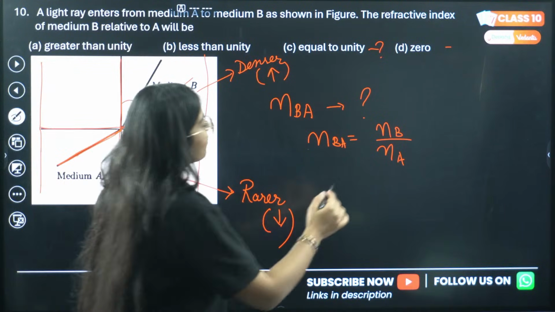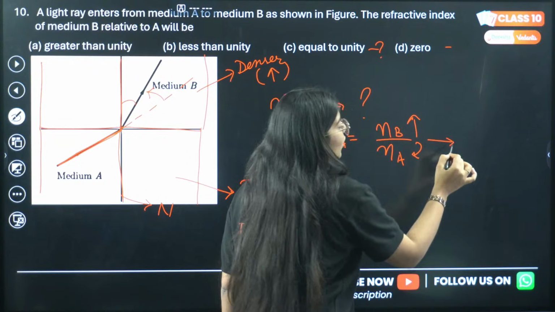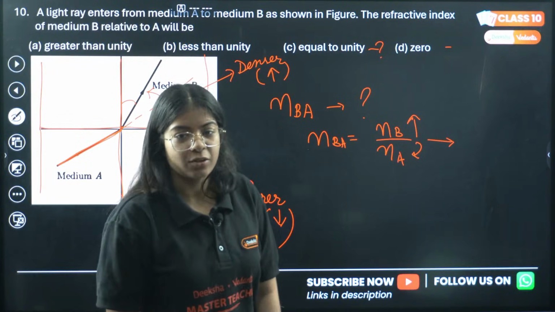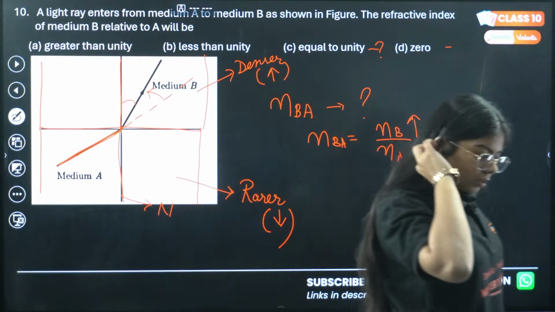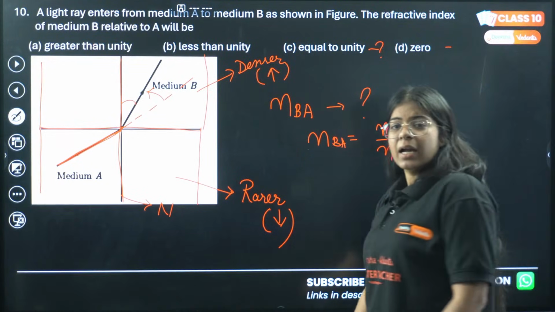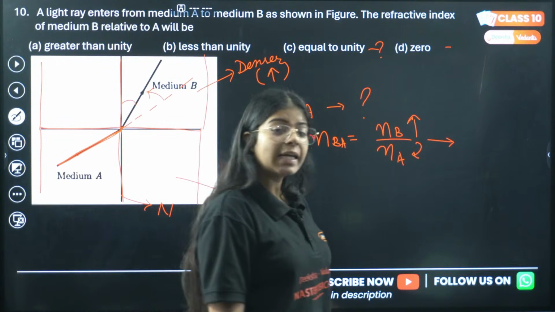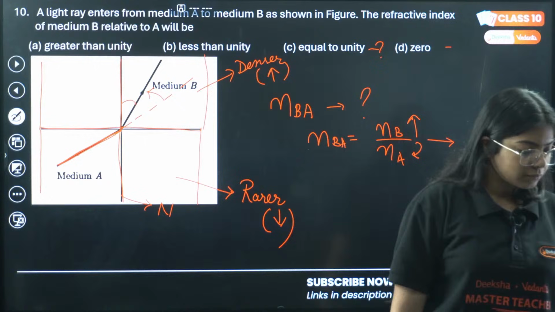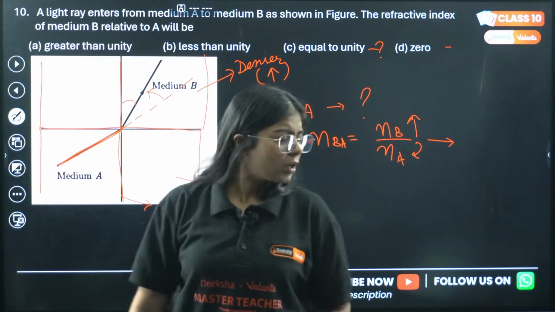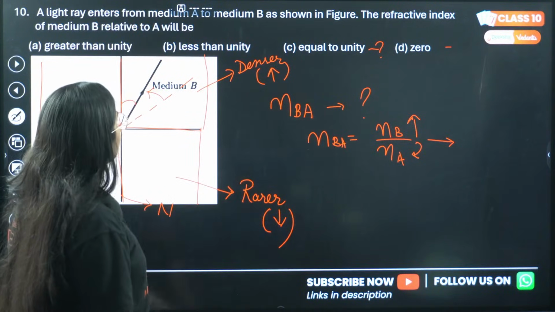Understood? So if n_B is more than n_A, that means it will be more than unity or less than unity? B, because it is a denser medium. They are asking the refractive index of medium B relative to A. So n_B divided by n_A.